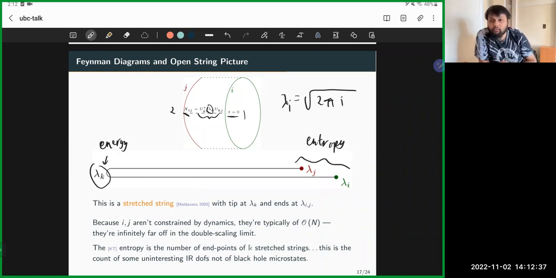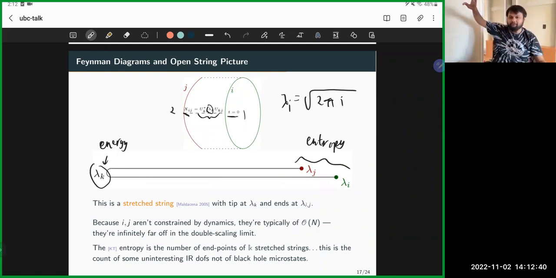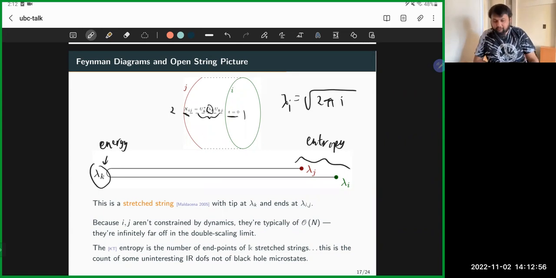The position of these doesn't really participate in the energetics, which means they can be anywhere. And because i ranges from 1 to n, most possibilities are order n, and order n means infinitely far away. So the entropy is counting how many places these open strings can end off at infinity.